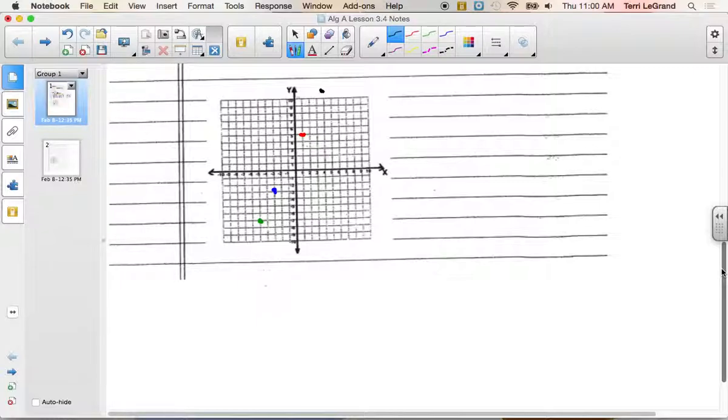Just by looking at the domain, let's go back to that domain. Just by looking at the domain, is this a discrete function or a continuous function? Discrete. Why is it discrete, Isaac? Because it's like the dotted lines. Just by looking at the domain, there's no lines in the domain.